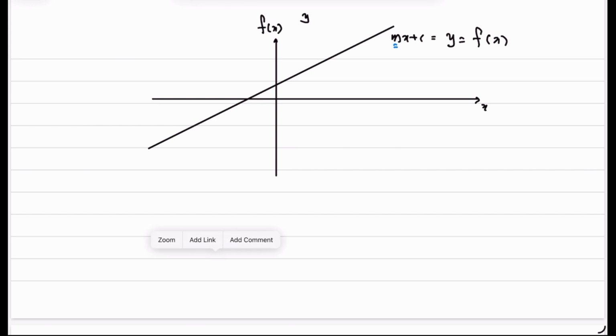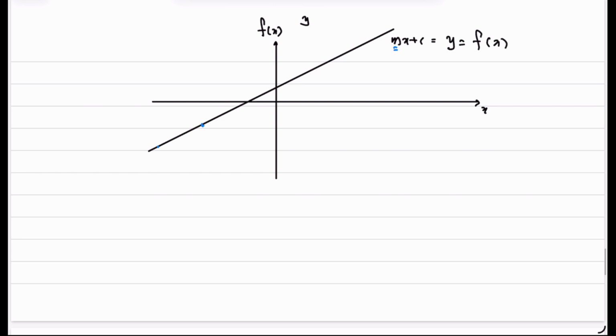Whether you take the negative values of x and y, or the positive values of x and y, this is the intercept, and this is the slope.